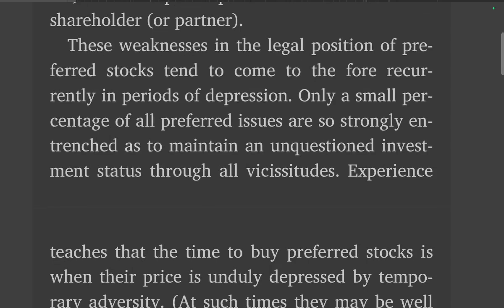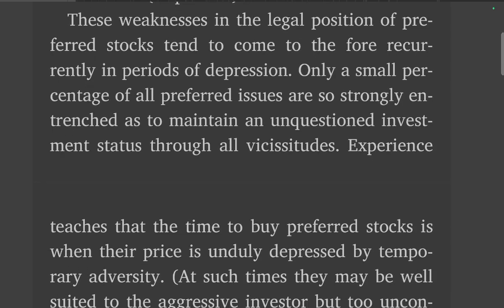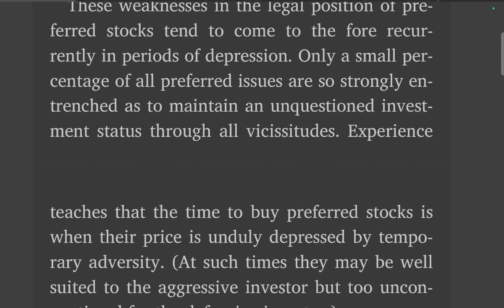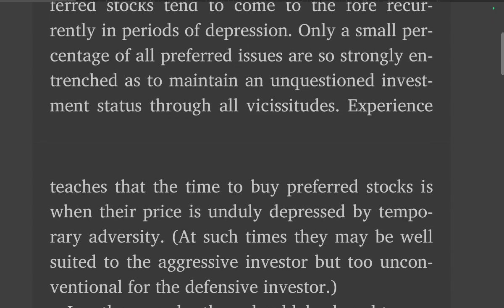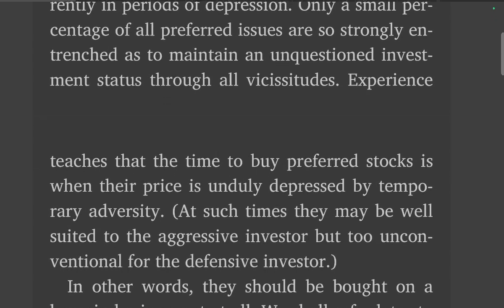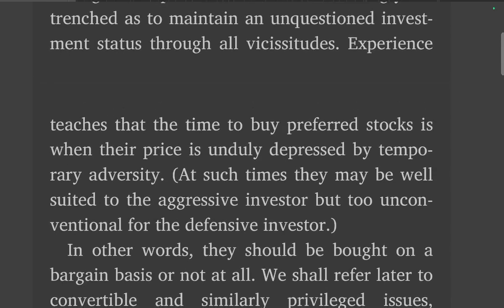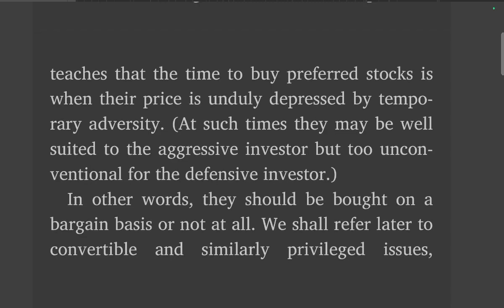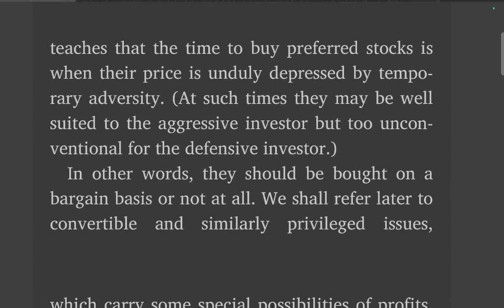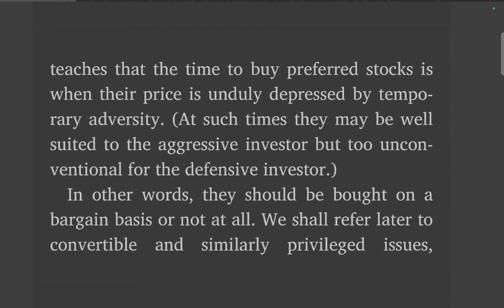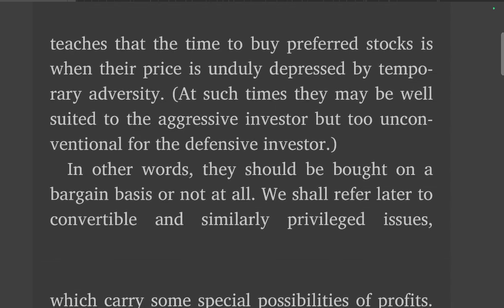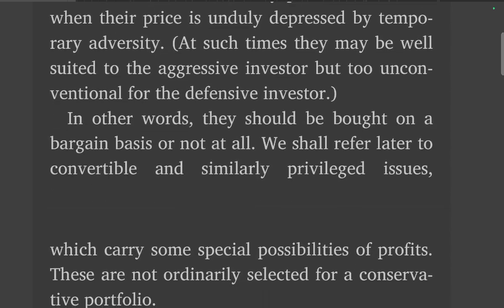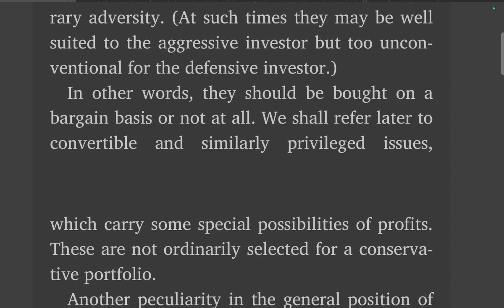Only a small percentage of all preferred issues are so strongly entrenched as to maintain an unquestionable investment standing through all vicissitudes. Experience teaches that the time to buy preferred stocks is when the price is unduly depressed by temporary adversity. At such times, they may be well suited to the enterprising investor but too unconventional for the defensive investor. In other words, they should be bought on a bargain basis, or not at all.